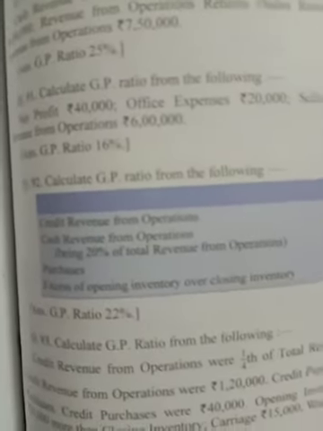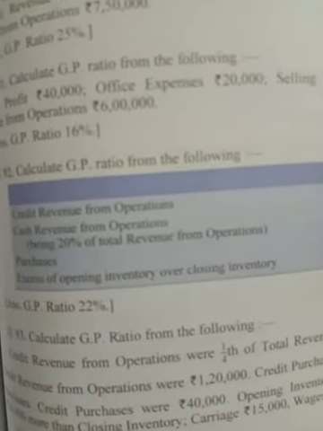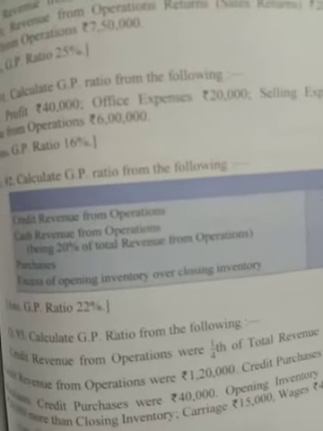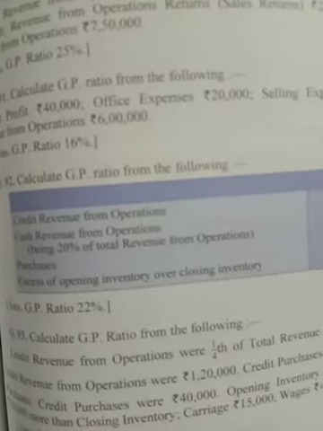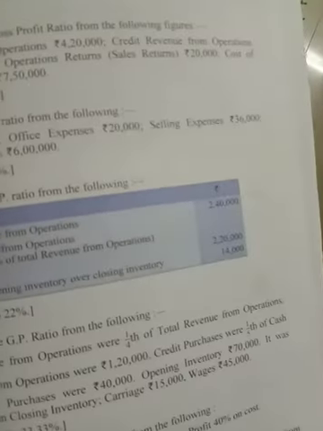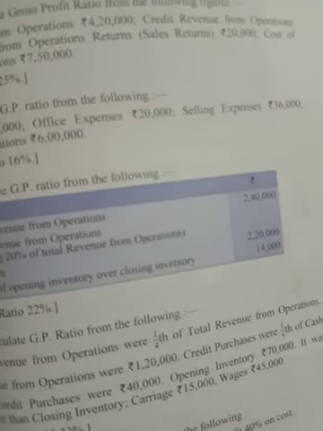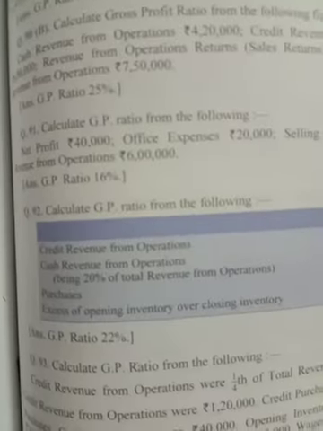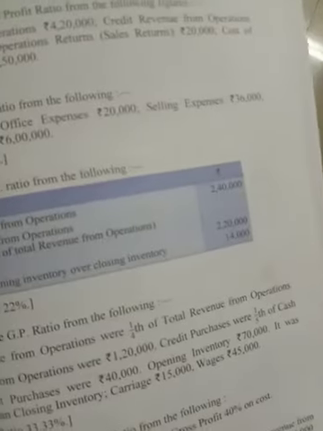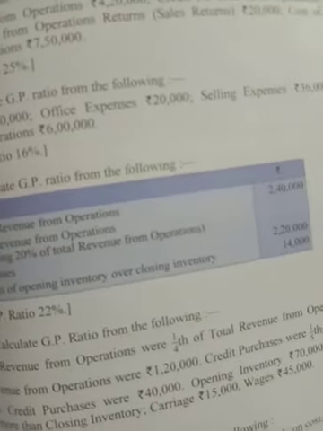So credit and cash revenue from operation are given, and then purchases, and then excess of opening inventory over closing inventory.